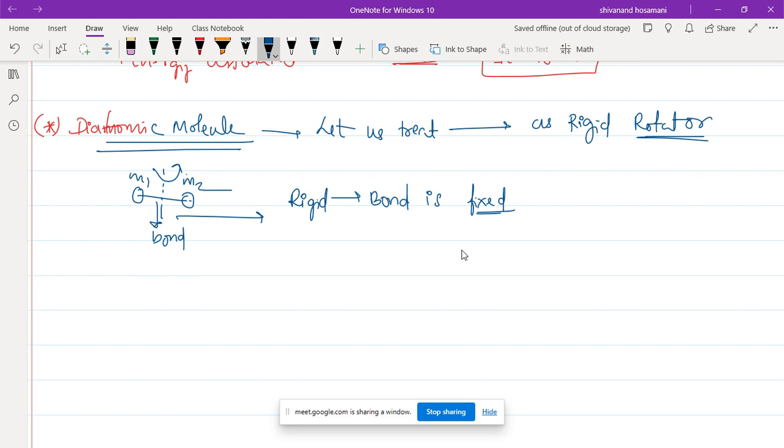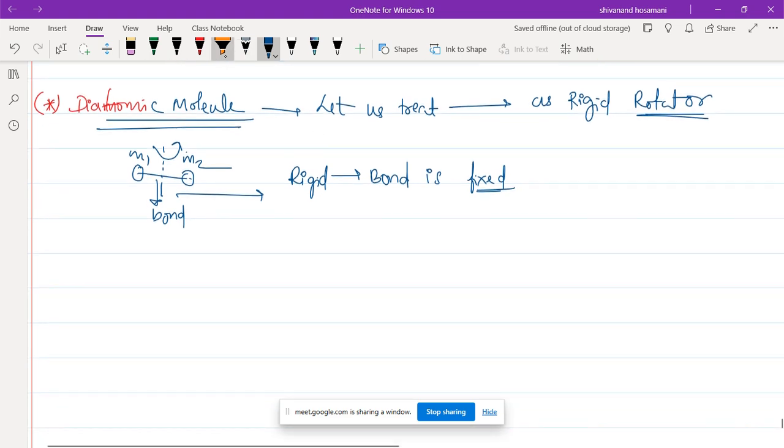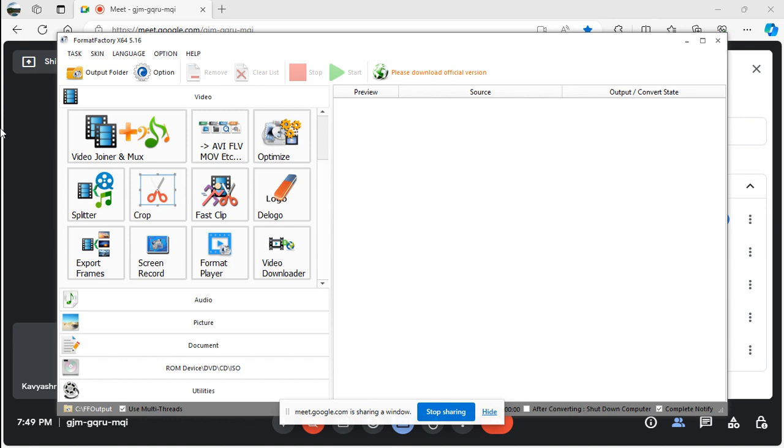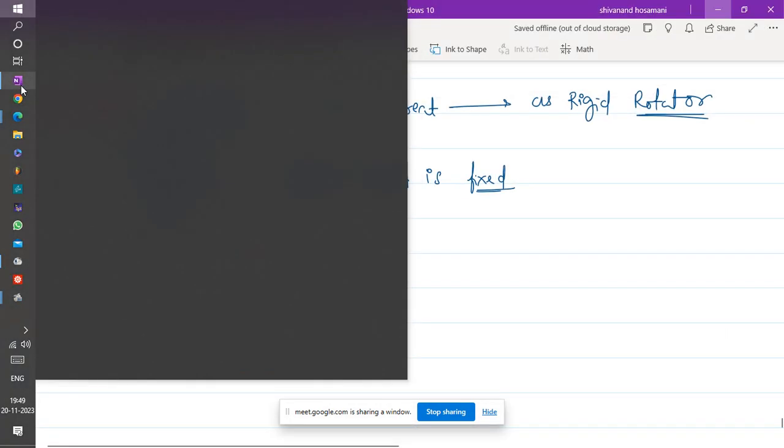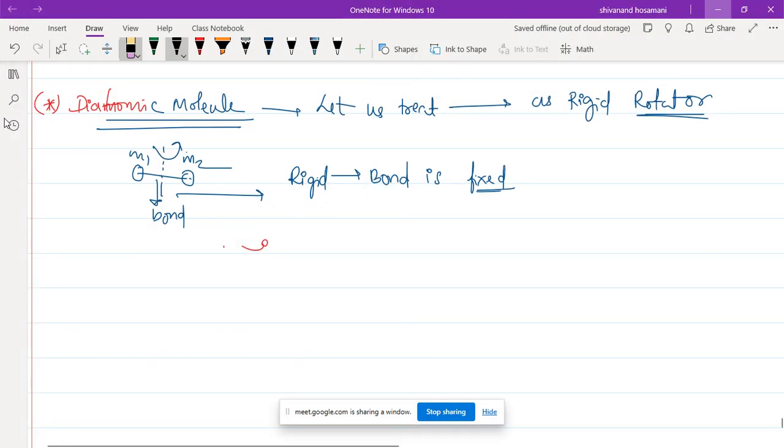Diatomic molecules actually will not show it. But now, what are we treating? For example, there are two types of diatomic molecules. Two types of diatomic: one is polar, another one is non-polar. Wait a second. Is it visible?